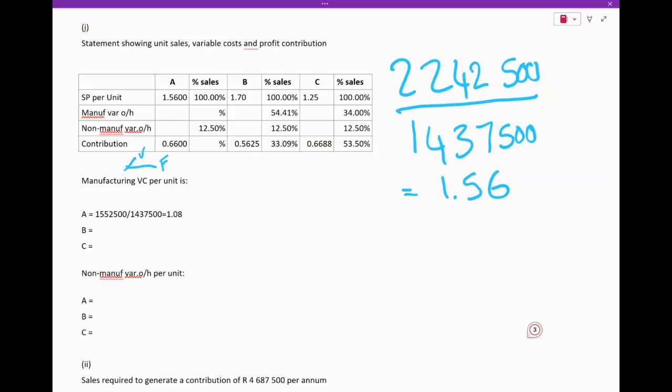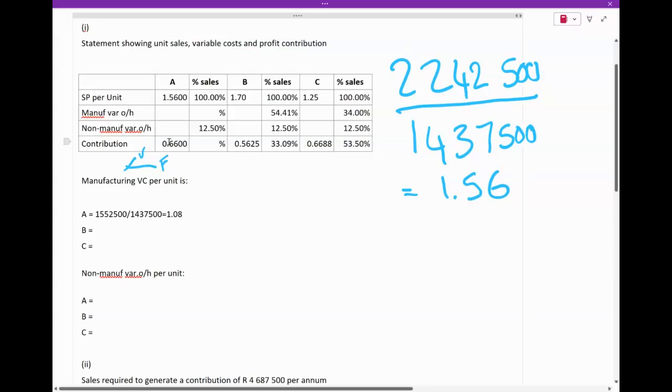So what must we do? We must remove it. Yes, we must remove it. So how do we remove? Because does this not include fixed and variable? Because we took the total, isn't it? So we must remove. How do we remove? Are we going to multiply?